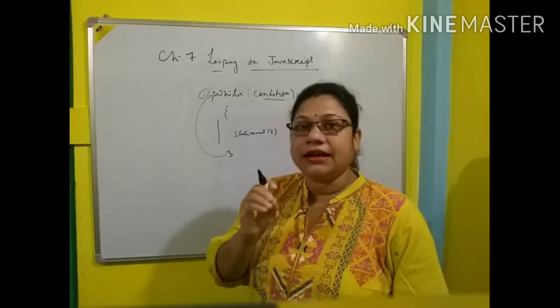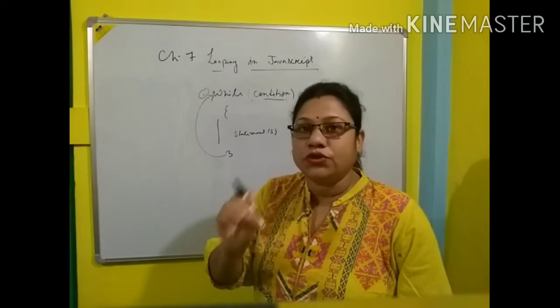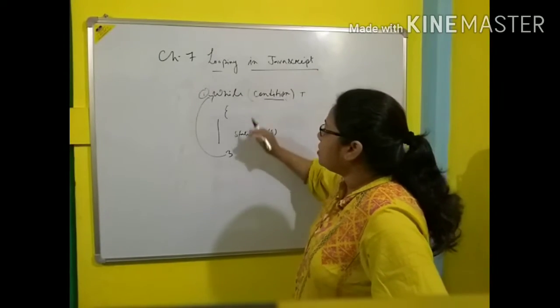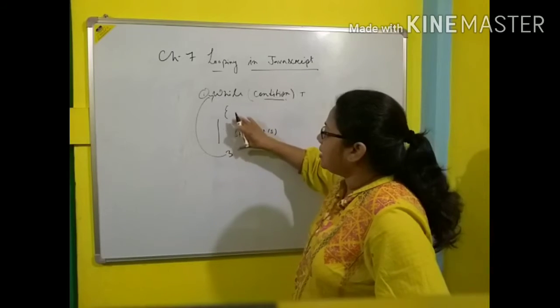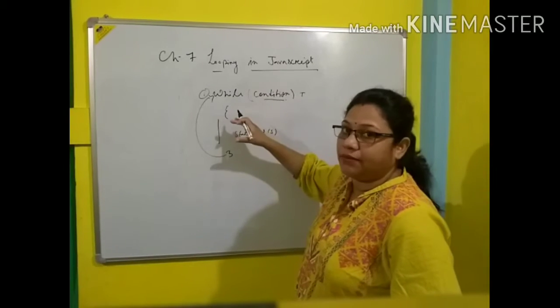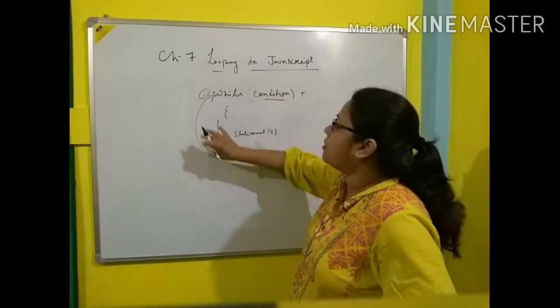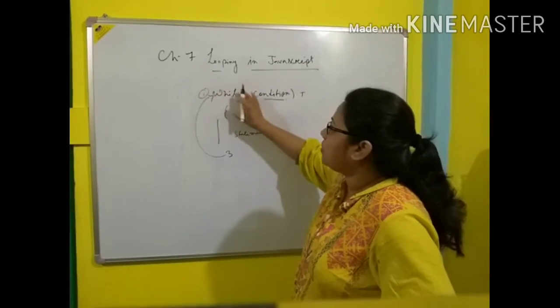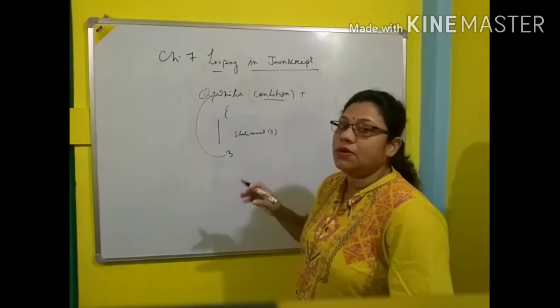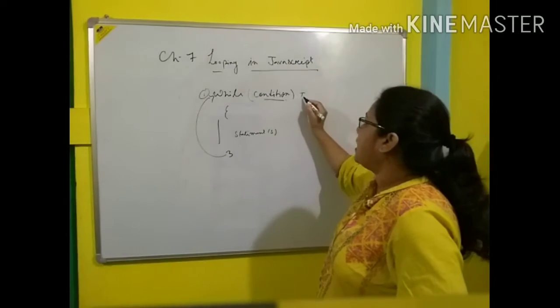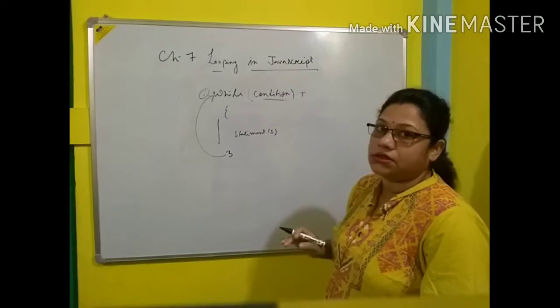Now here, if the condition again becomes true, then it is going to execute the statement one more time. Okay, and this process of passing the control to the while loop continues until the condition becomes false.